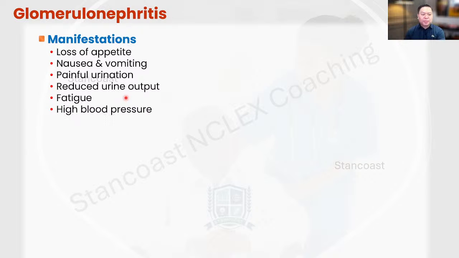Now, another is high blood pressure, hypertension. Well, again, think about the kidney. Remember in our anatomy and physiology discussion, the kidneys play a huge role in regulating the blood pressure. Remember about the renin-angiotensin-aldosterone mechanism, plus the regulation of the sodium, plus the regulation of the potassium.